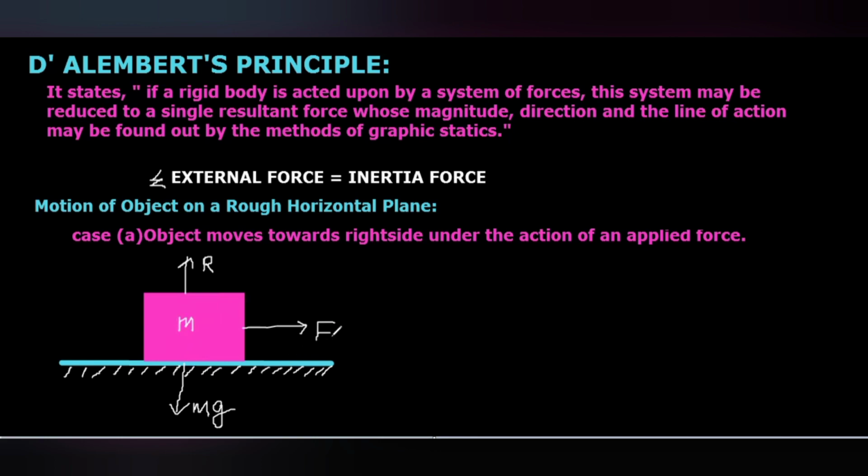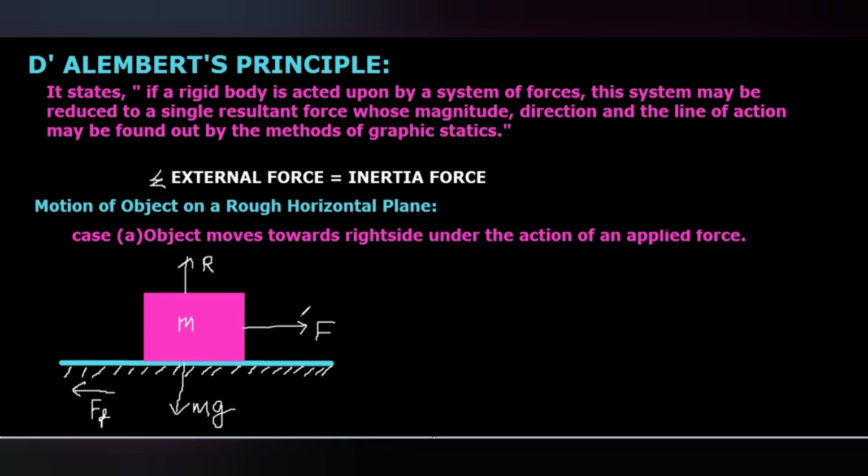Due to the external force, towards the left side, that is opposite to the direction, the frictional force will arise, Ff, which is equal to mu, the coefficient of friction between the sliding surface and the object, multiplied with the normal reaction.